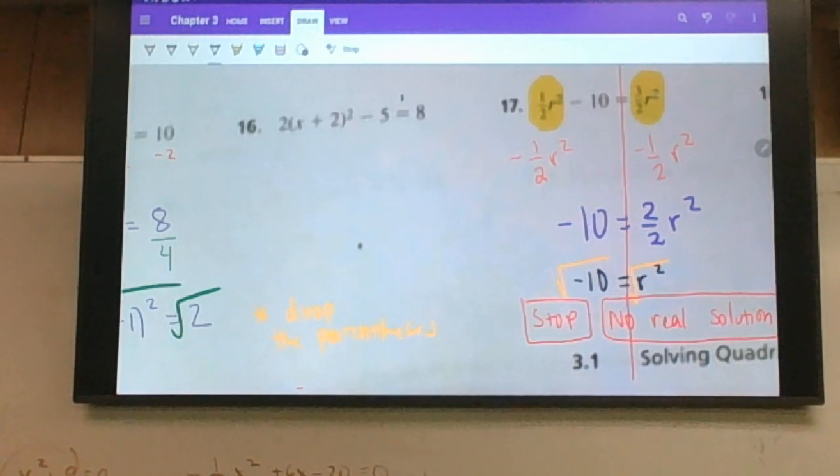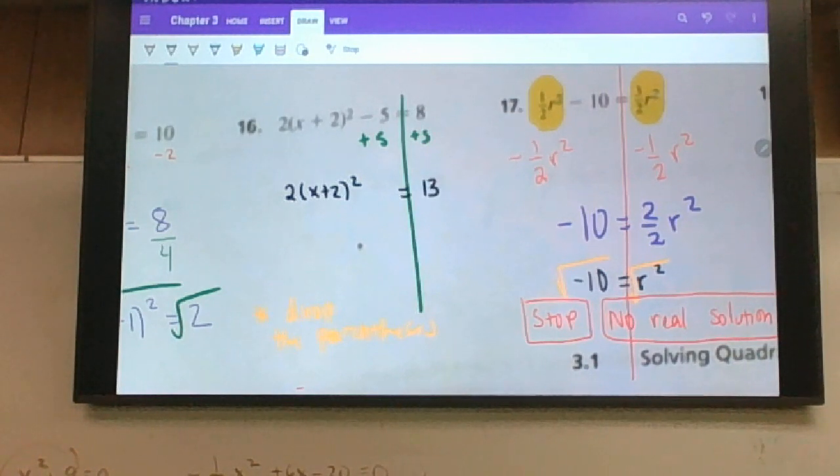Alright, I would put this 9 in, and first I plus the 5 over. And then I divide the 2. And do not make a decimal here. I won't even grade it at all.